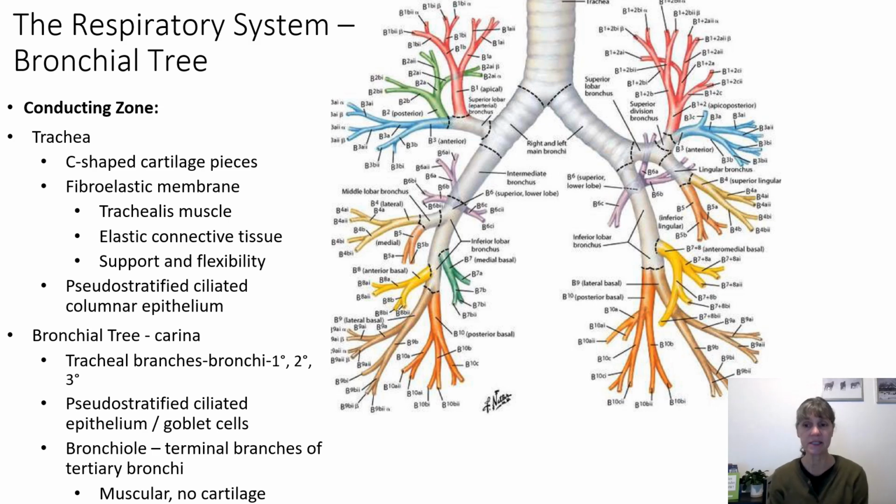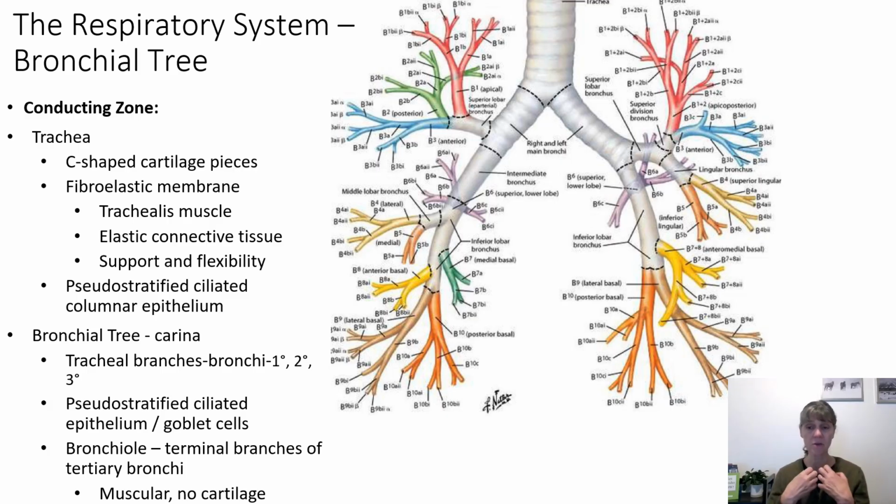As the trachea continues inferiorly, understand that it is made up of hyaline cartilage C-shaped rings that help to keep it open and provide support. There's also a fibroelastic membrane made up of the trachealis muscle and elastic connective tissue, which provides support and flexibility because the esophagus runs posterior to the trachea.